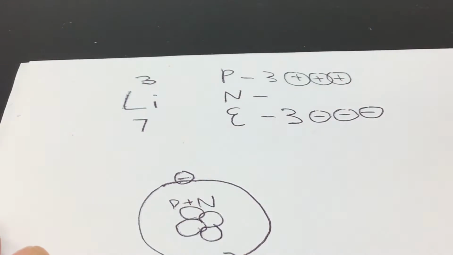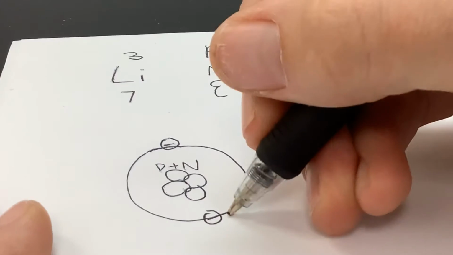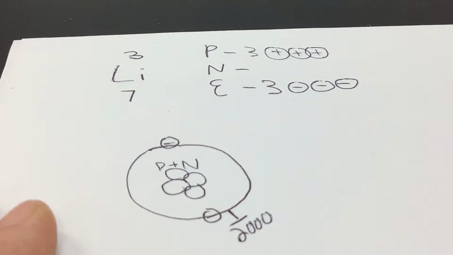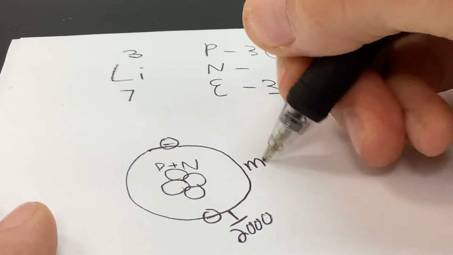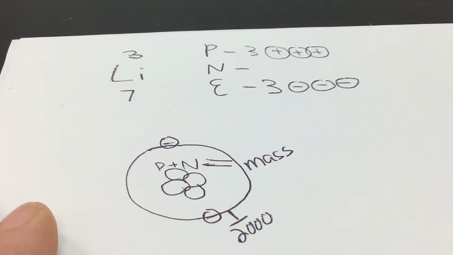Electrons are 1/2000th of the size of a proton or a neutron, so the only things in the mass that we can actually weigh are the protons and neutrons.